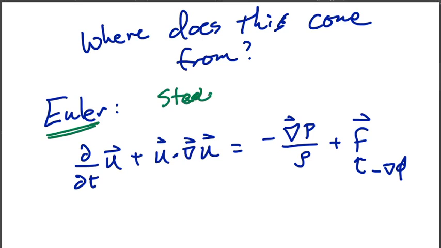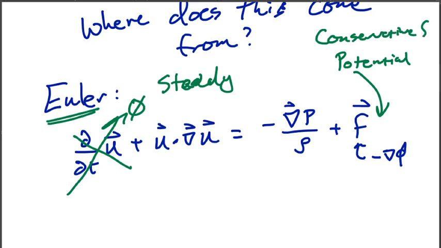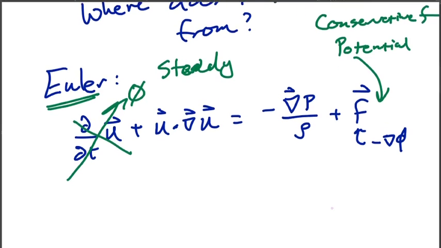And steady flow means that the time derivatives are equal to 0. So we're going to just cross this term out here. And we're going to assume that our forces are potentials, so this is a conservative force. All right, so if we make those assumptions, what do we get?